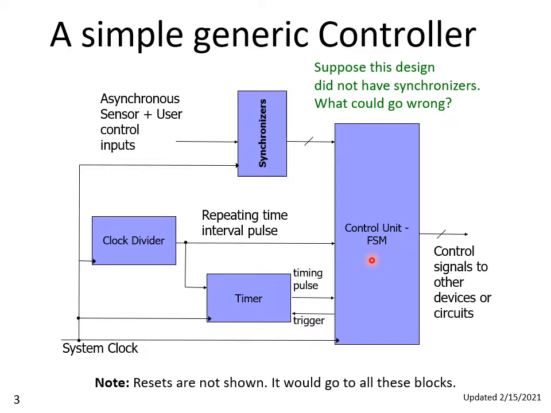If this is controlling a communication protocol, well, it's going to mess up the communication. But if this was controlling something safety critical, that could be a very bad thing. So synchronizers would be at least one of the protections that you would need for scenarios like that.